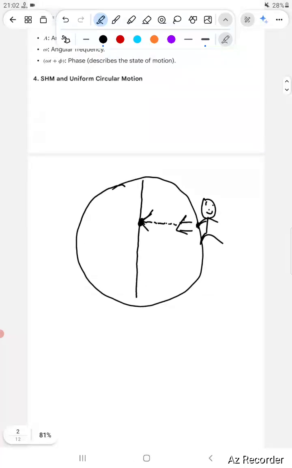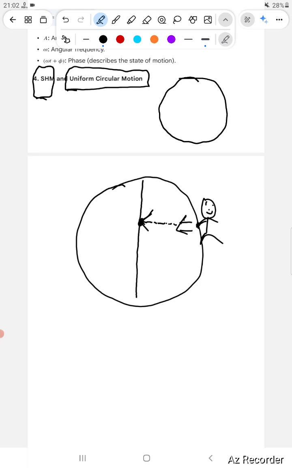Actually what we are going to study is how to connect these two topics. If an object is in UCM, then we can relate this UCM to SHM. UCM is different from SHM. UCM means motion on a circular path. SHM means to and fro motion about a mean position. This is the mean position. The object goes up and goes down away from the mean position.